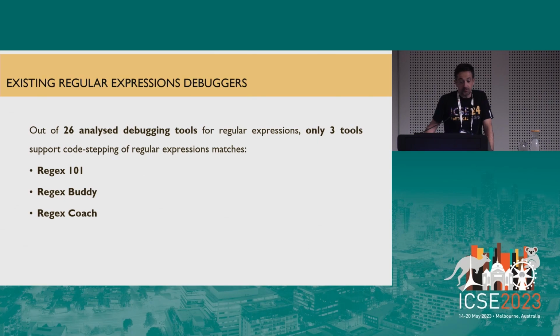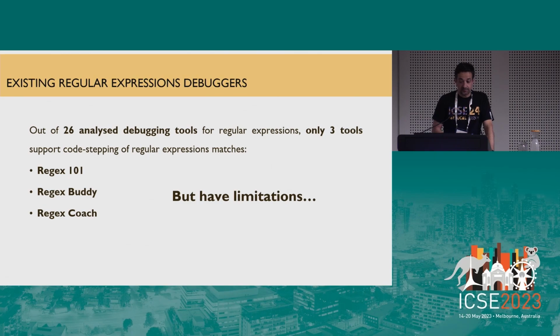Why are you coming up with yet another tool? It's true that there are many debugging tools for regular expressions. There are at least 26 that we know of. But only three tools support code stepping of regular expressions, and those are the three. If you go to the paper, you will see that we have analyzed the other debugging tools.